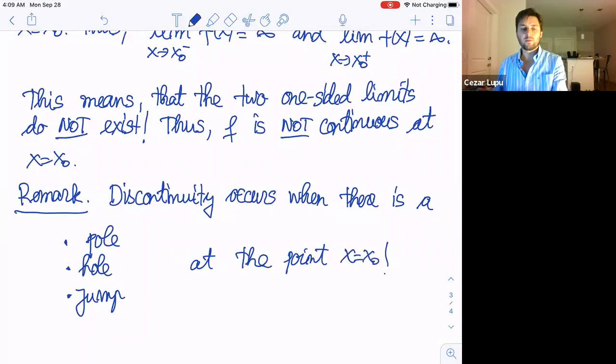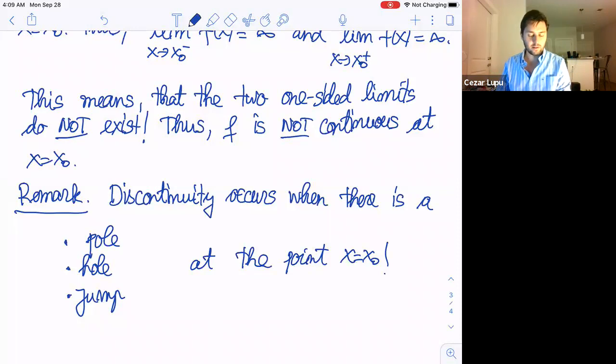All right. So these are the circumstances, as you can see in the first two examples, where we have two holes, and then we have a pole and a jump and a pole, right? So now you see what it means for a function to be continuous, and what it means for a function not to be continuous.